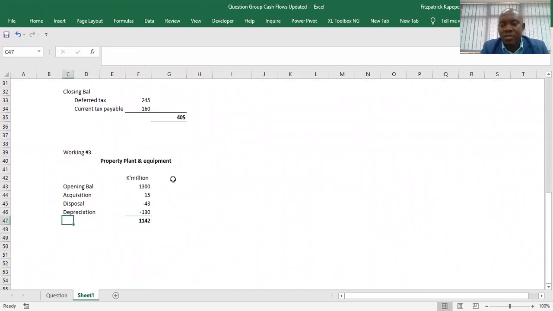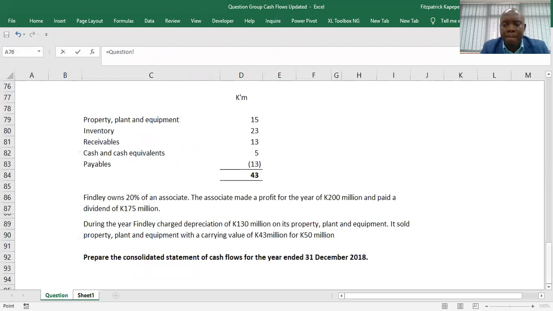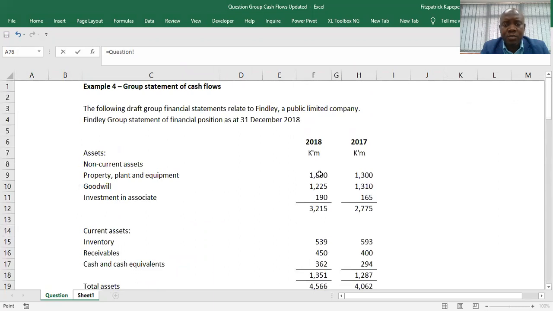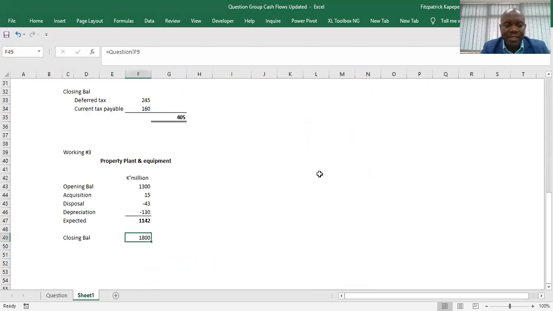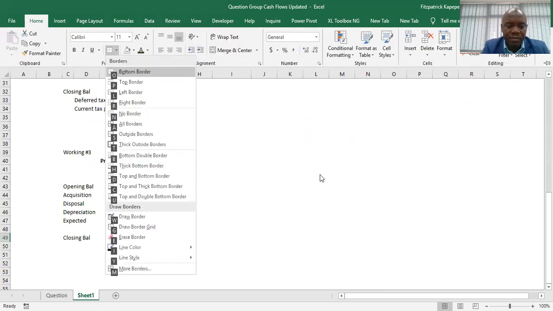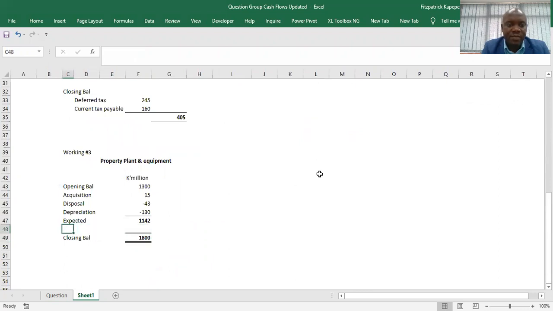So this is what was actually expected. But what is the closing balance? It's 18, right? Meaning this is what was actually paid.